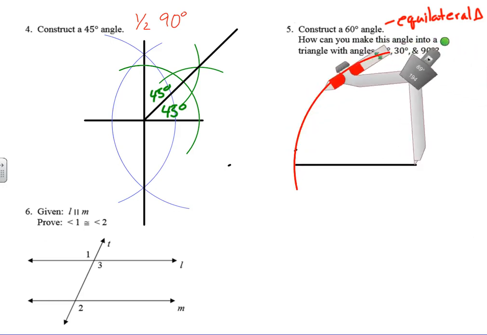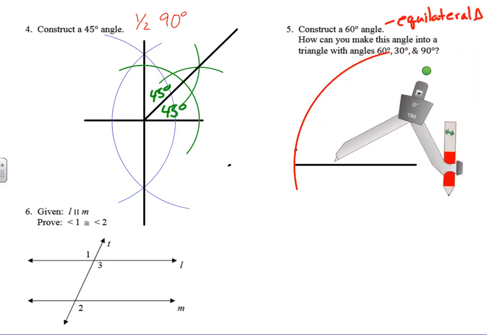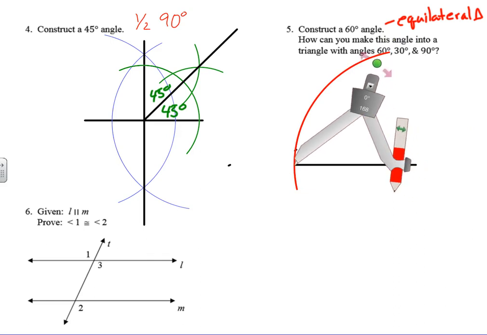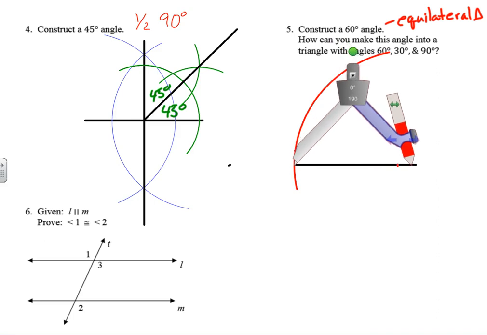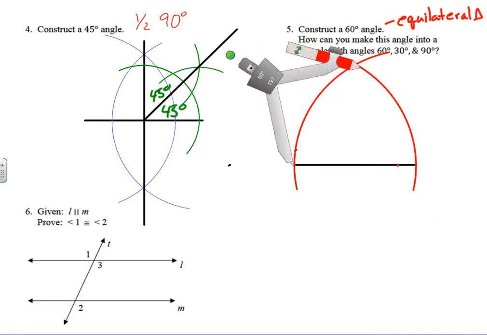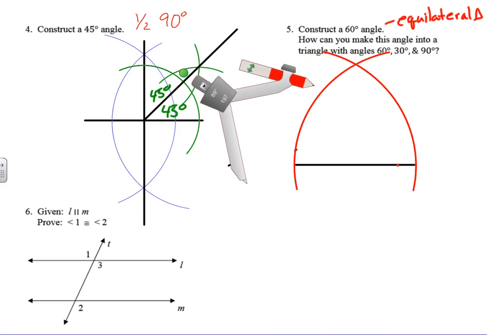So we come out here and measure that side, and we come over to the other side. Whoops, I adjusted it, so I'm going to go back and re-get it out to this side. And we're going to come up here now, and at this point we've got an equilateral triangle. So we take our straight edge and connect these sides, and what we've done is we've got a 60-degree angle.